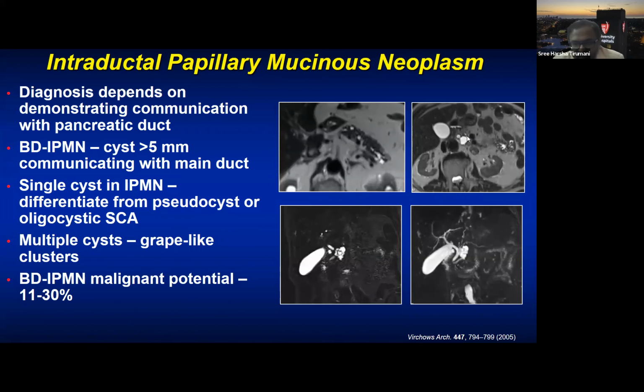Like in this case, you can see a small communication here with the duct. The duct in this case is not dilated. So a cystic lesion which is communicating with the pancreatic duct without associated pancreatic duct dilatation is the definition for a mucinous branch duct IPMN, and the malignancy potential in these is around 30% on the higher side.